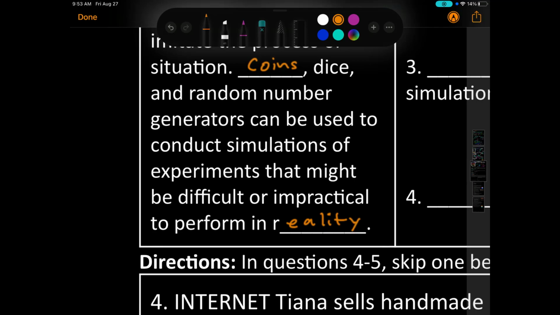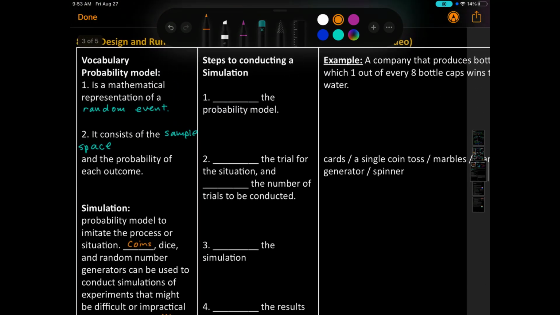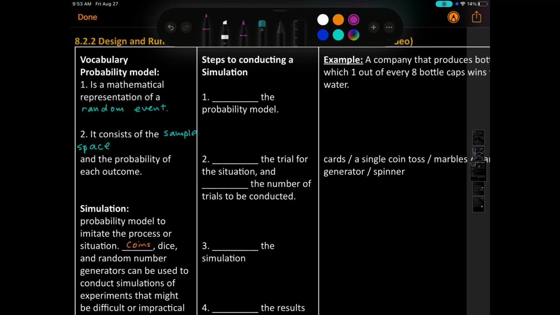Would you really want to flip a coin 10,000 times or roll the die 100 times? Okay? All right, so let's talk about steps to conduct a simulation.